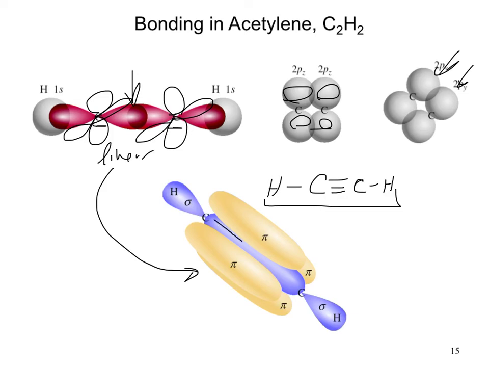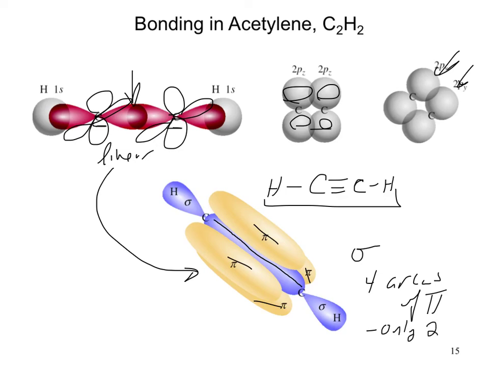So here you have the purple is the sigma interaction, and then you have 1, 2, 3, 4 areas of pi interaction. Remember, these 4 areas of pi interaction are only 2 bonds. So here we have a triple bond.